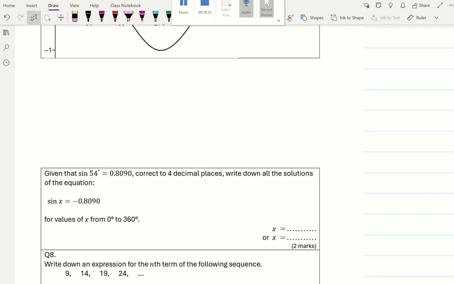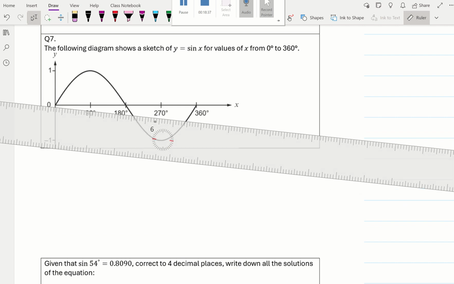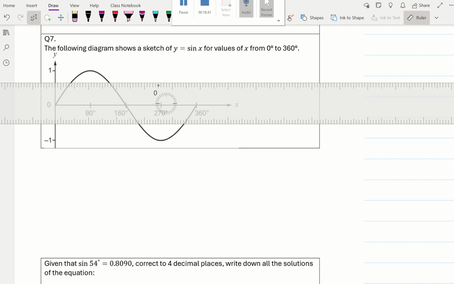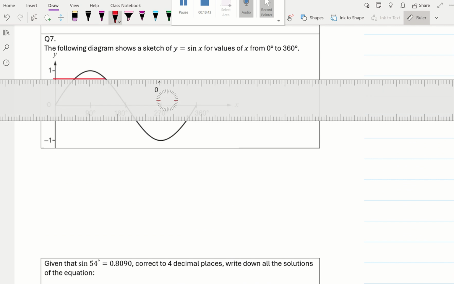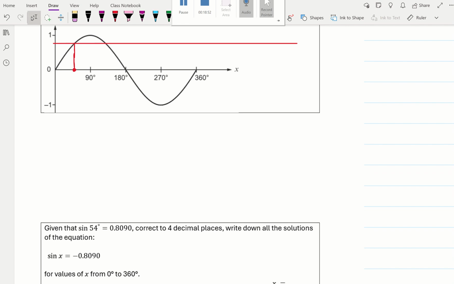Now, sine 54 equals that. So what we've done here is we've put a line at the top, and sine 54 gave us an angle, and that angle is the symmetry.